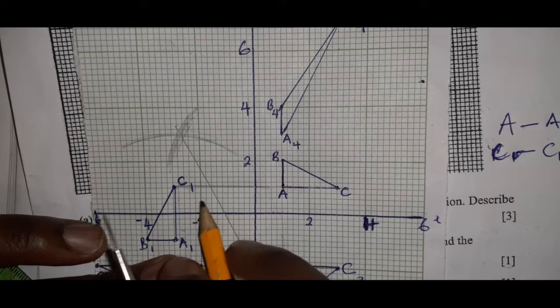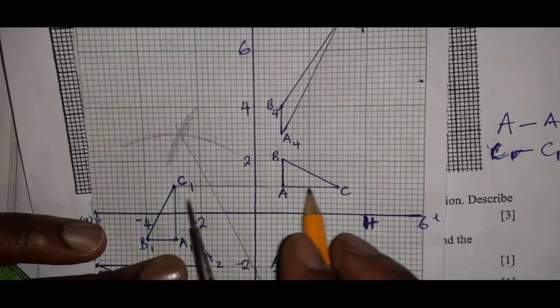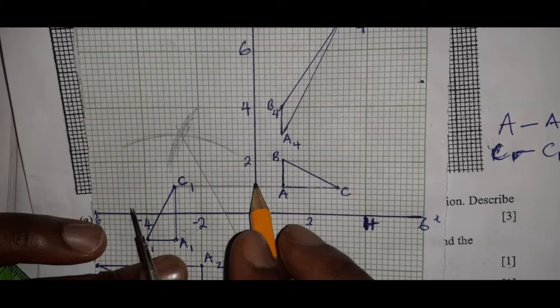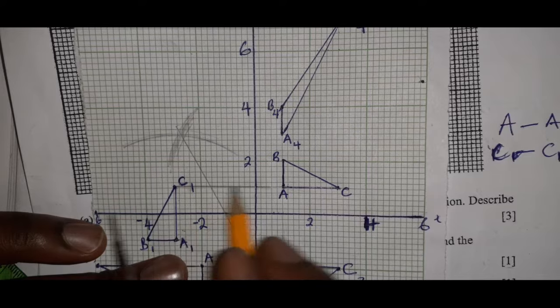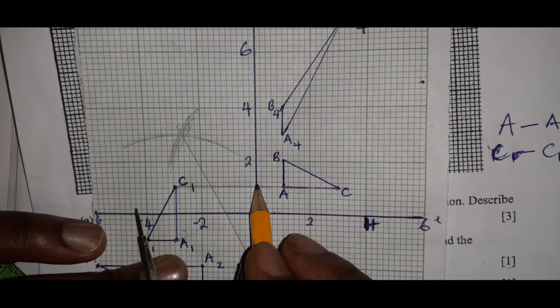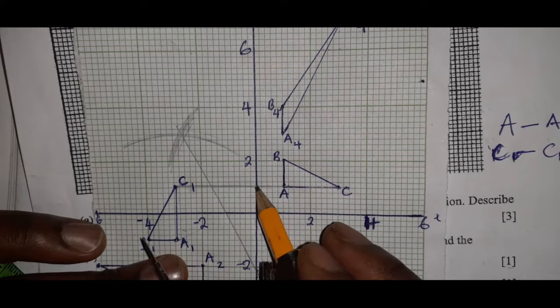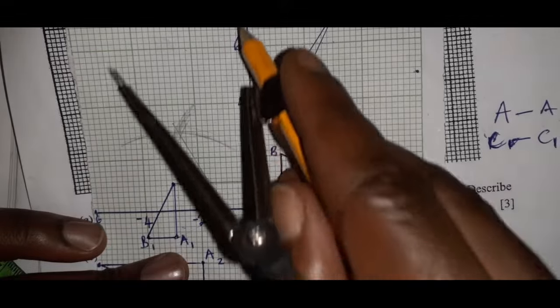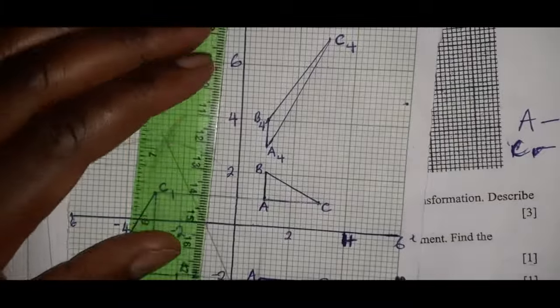Even by observation, when you just look at it, the distance from C to the y-axis is 3 steps. Also from C1 to the y-axis is 3 steps. So this same y-axis is perpendicular to this line.